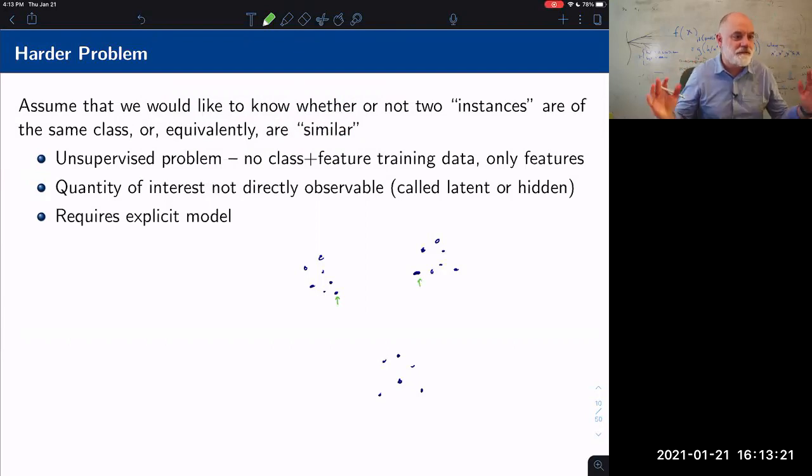Should we treat them as the same? Or equivalently, for any pair of points, is this point similar to this point? How would we go about doing this in a Bayesian generative modeling capacity? What kind of model might we write down?